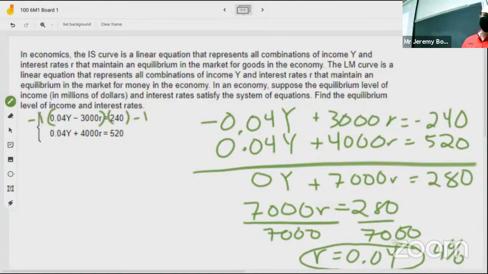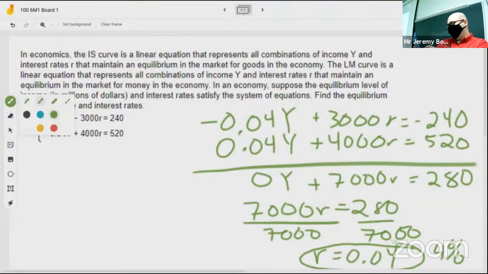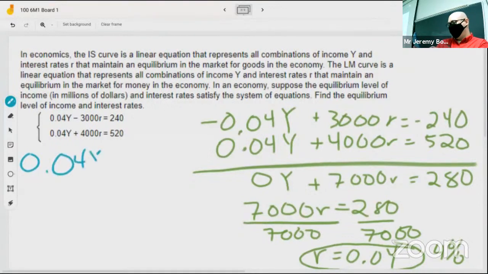Now we also have to talk about the income. To solve for the income, we're going to take that 0.04 and plug it into one of these. Doesn't really matter which one we choose, honestly. Let's just use the first one. We're going to solve for y.